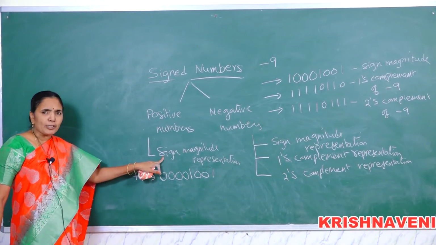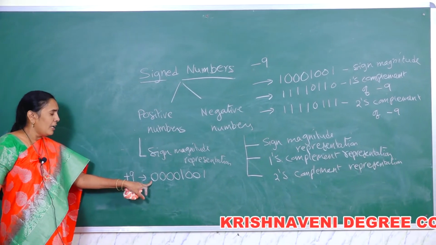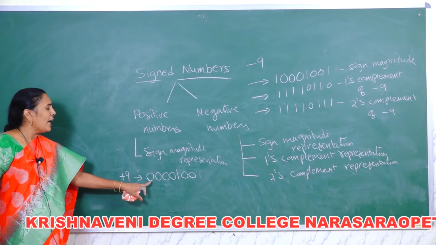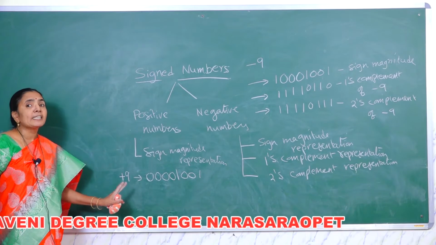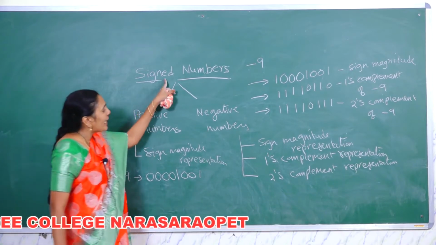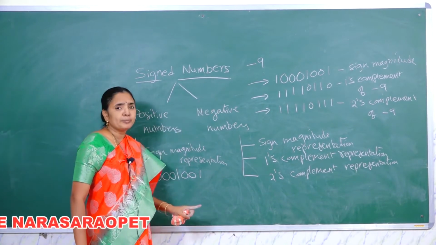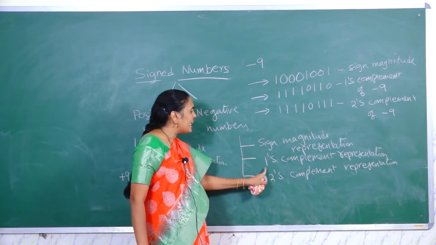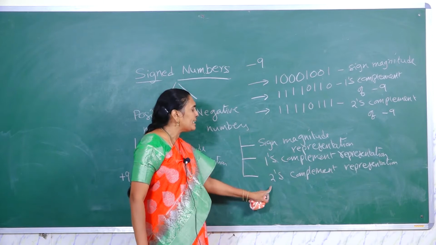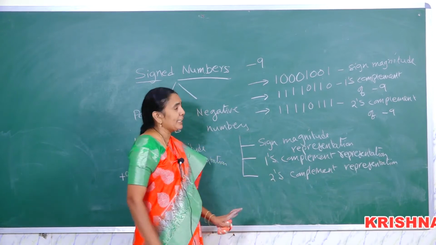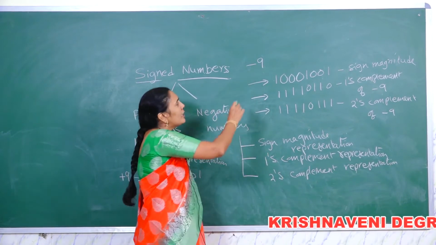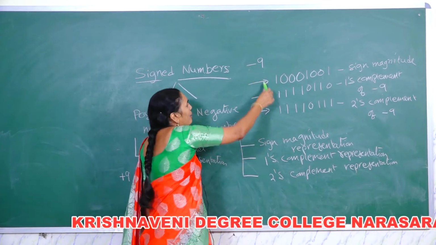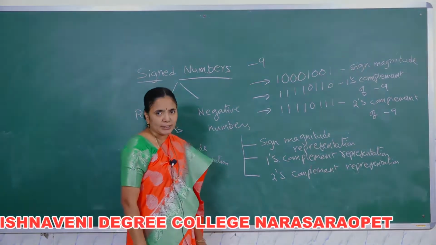In the sign magnitude representation, the leftmost bit represents the sign and the remaining bits represent the magnitude. But for negative numbers, there are 3 representations, that is sign magnitude representation, ones complement representation and 2's complement representation. I have shown you the representation of minus 9 in the binary format in all the 3 cases.